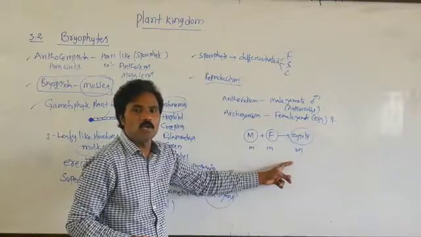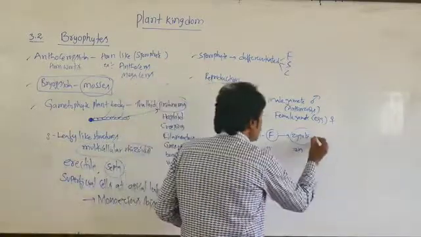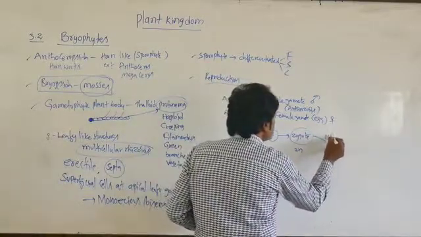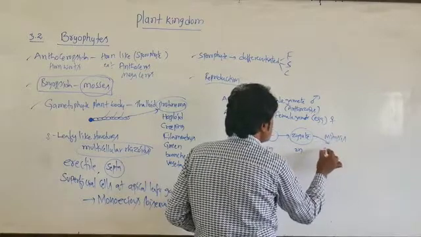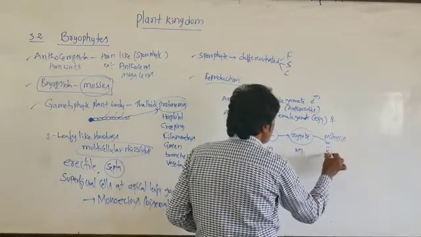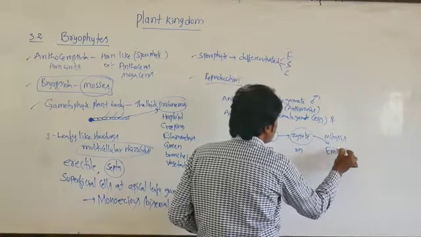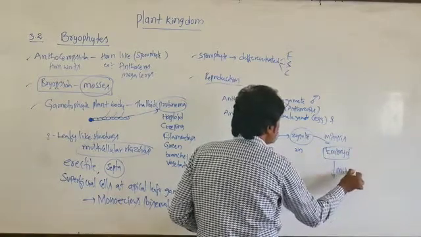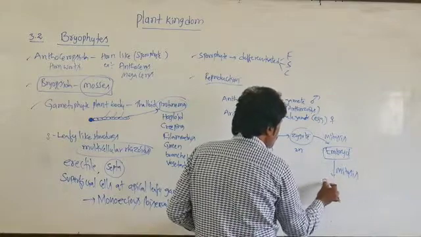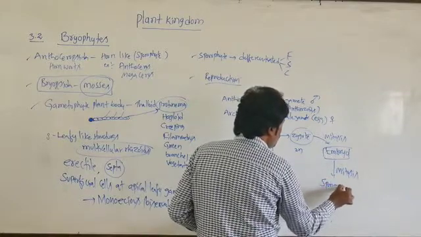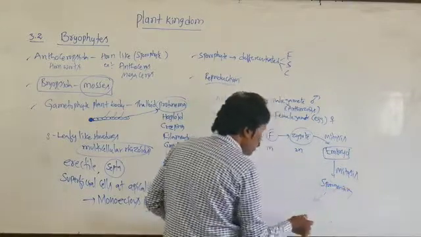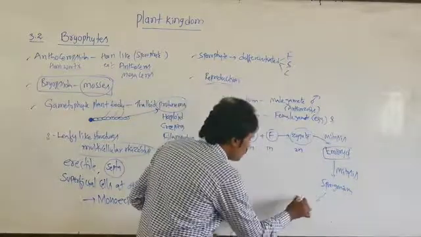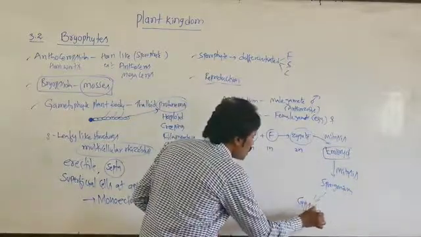What is the ploidy of the zygote? Diploid. Then through mitosis it forms the embryo. Again through mitosis it forms the sporogonium, and inside that it forms the capsule.